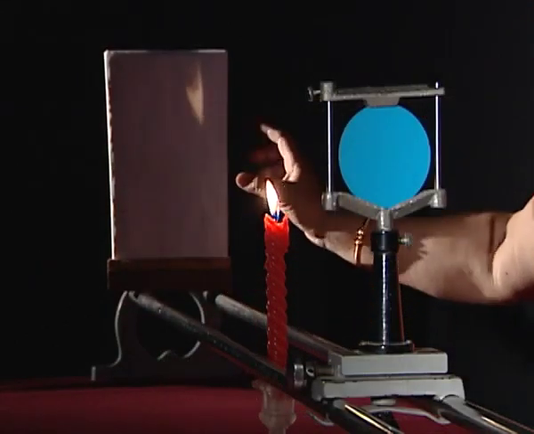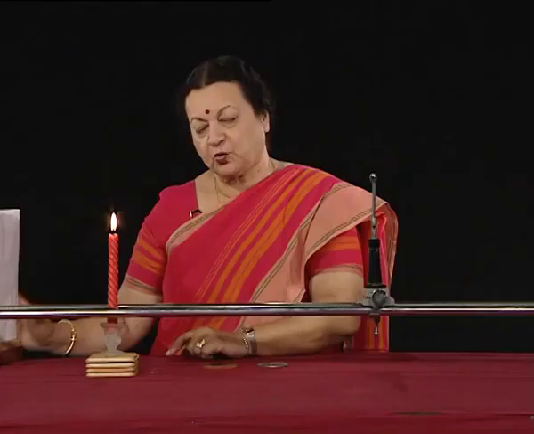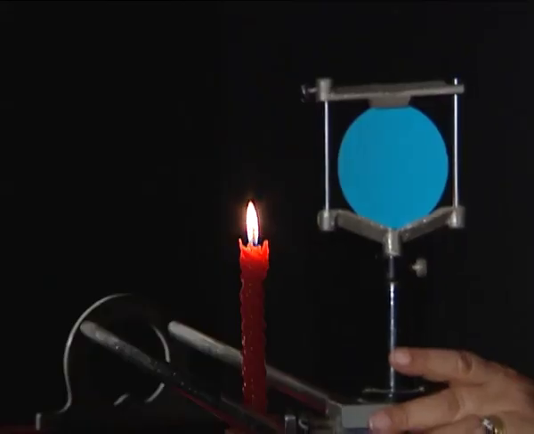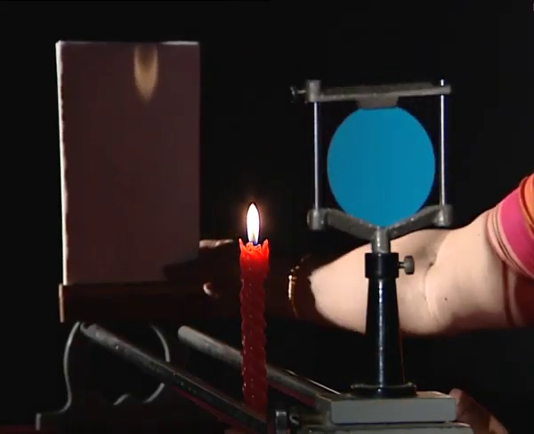What is to be understood? That the rays which are reflected here are meeting at this point. I cannot see the image without any screen. I have to hold those rays at a position and then be able to see the image of that object. So, next we are going to bring this closer and see where the image is.